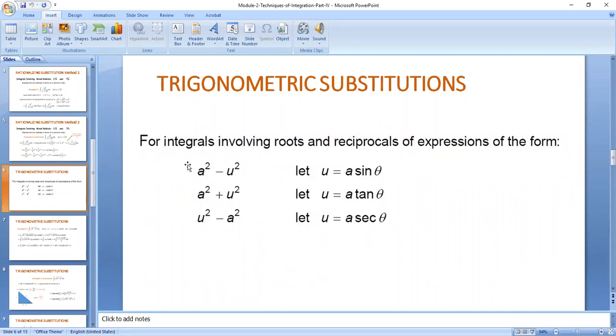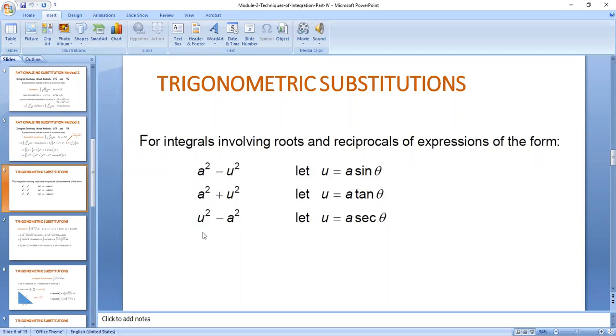If you interchange the manner of subtraction, so it's u squared minus a squared, then it would be the secant of theta that you will be using in lieu of the sine theta in the original substitution equation. Now, if it's plus, then it is u equal to a tangent theta.